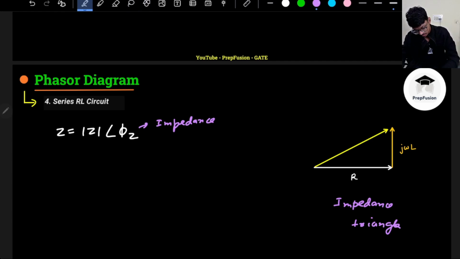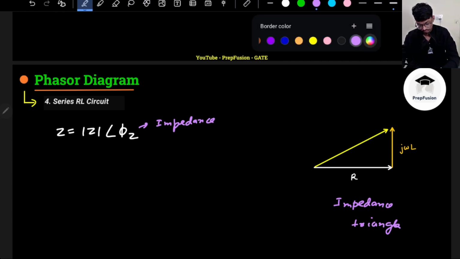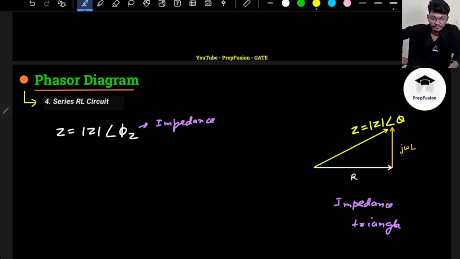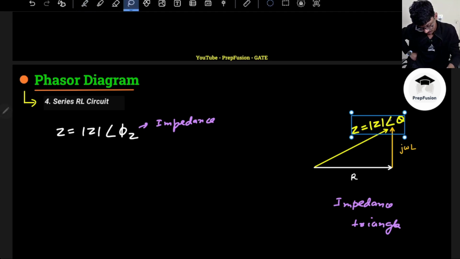So this will be my impedance angle. That is how we understand this. This is basically the impedance triangle.